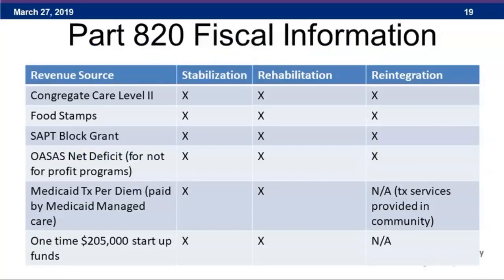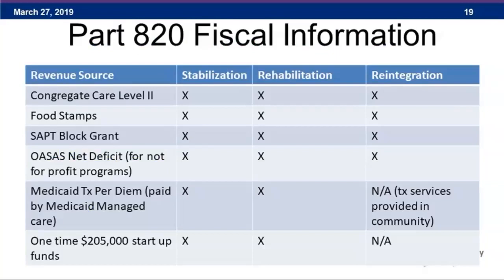So this next slide is just to refresh people's memories about what revenue sources are available to the different 820 elements. And earlier on in today's presentation, you'll recall that some of the ability to do residential redesign came through the 1115 Medicaid managed care waiver.